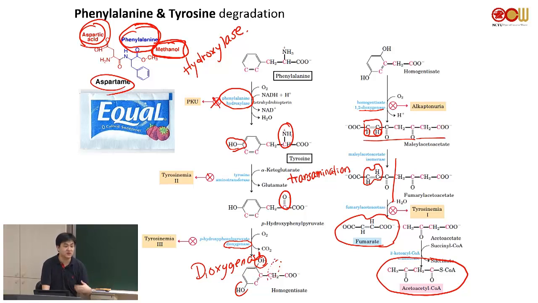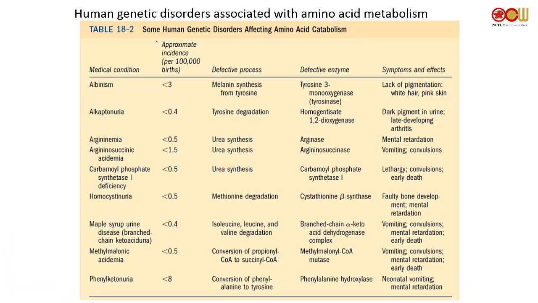As a result you actually accumulate phenylalanine in your body. So it turns out you actually cause mental retardation, that kind of stuff. Right? So it's actually a very serious problem. So a lot of times babies are tested for these types of genetic diseases.